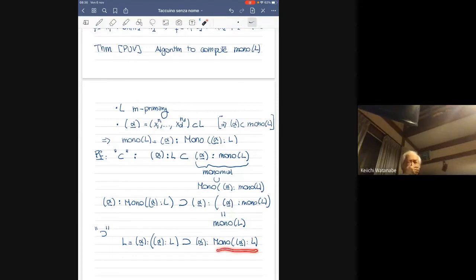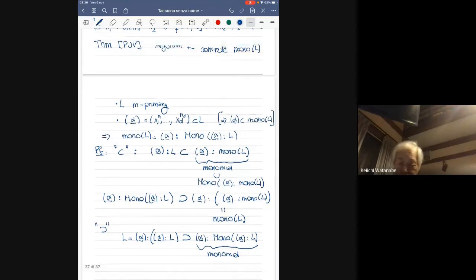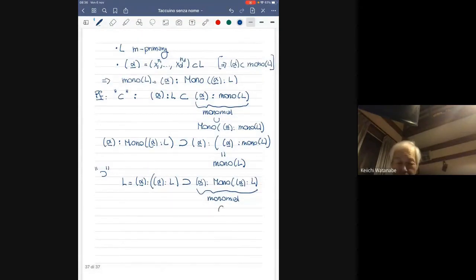This is monomial, so this is monomial, but this is a monomial ideal which is contained in L, so it has to be contained in the mono of L, as I told you before. And the proof is finished, because we wanted to prove that this is contained in mono L.